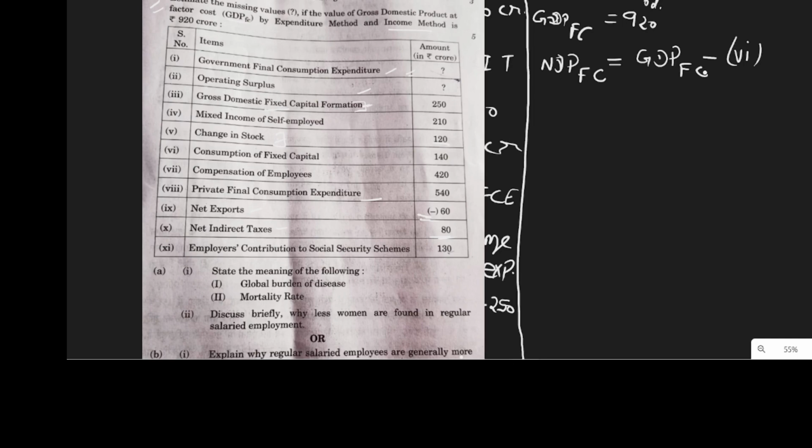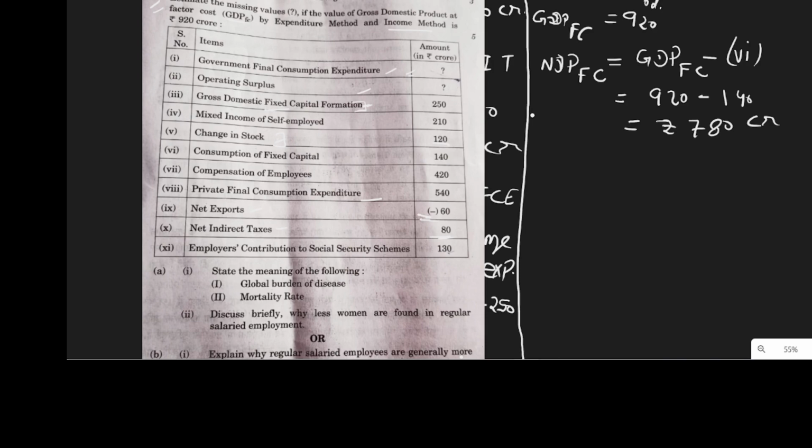Then factor to factor, no change. Only one change was required. I could have written here consumption of fixed capital as well. GDP-FC is 920 and minus that depreciation of 140, it comes out to be 920, 820, 780 crores. That's it. This is NDP-FC.